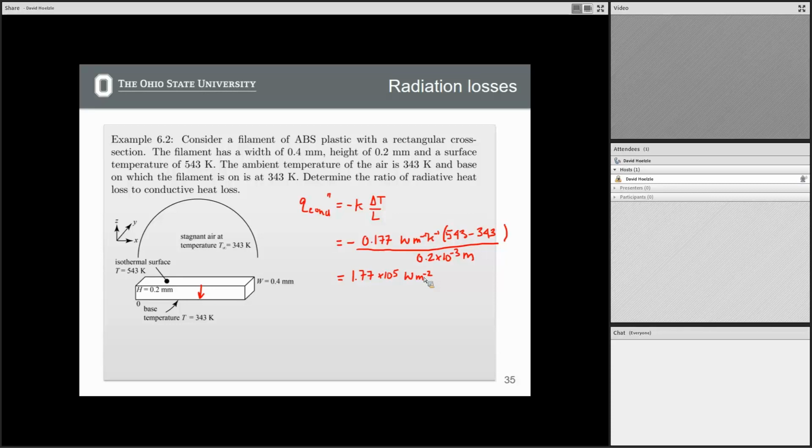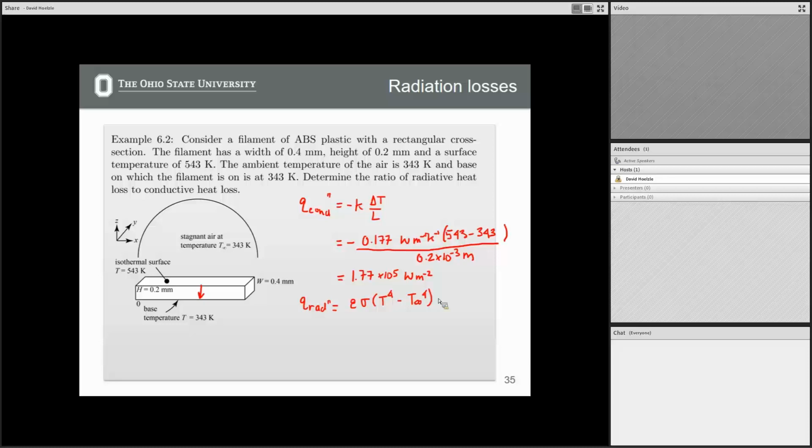Radiative heat transfer, as a reminder, depends on emissivity, the Stefan-Boltzmann constant, and then temperature raised to the fourth.